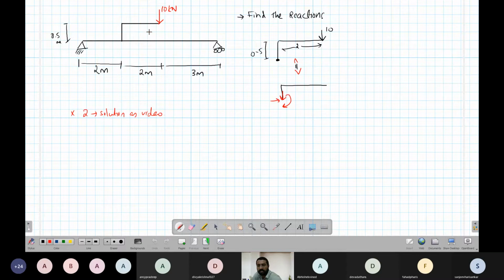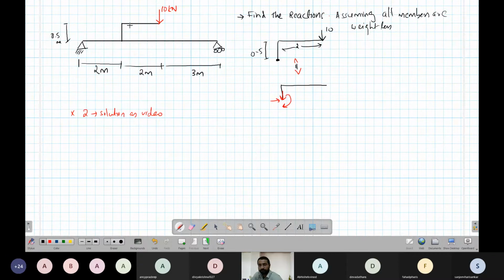The idea is you have to remove this and replace the entire setup with a load. In the question there will be one more thing: assume all members are weightless.